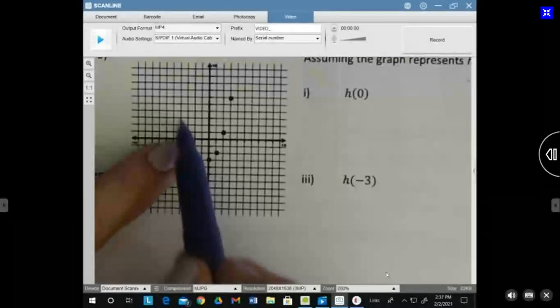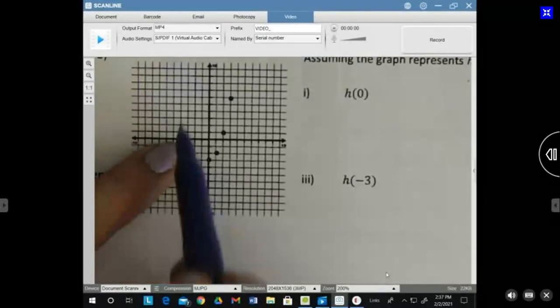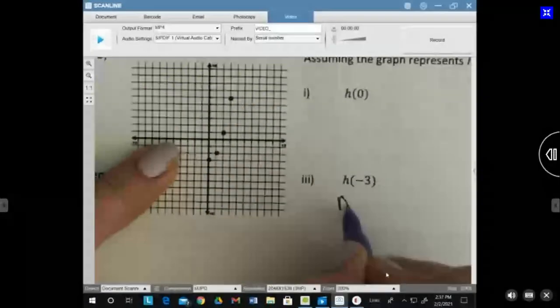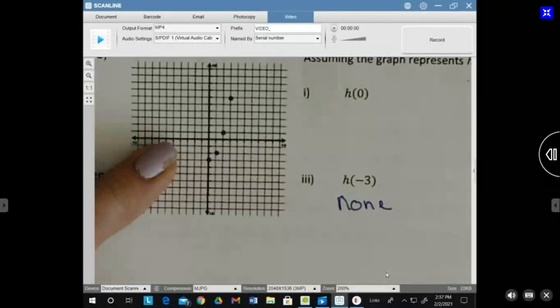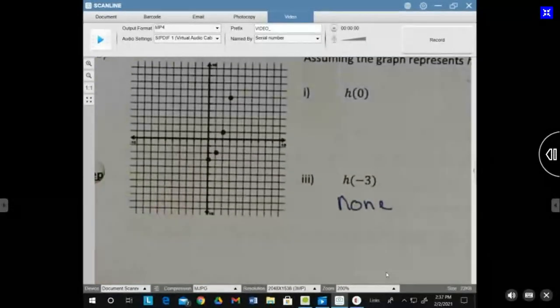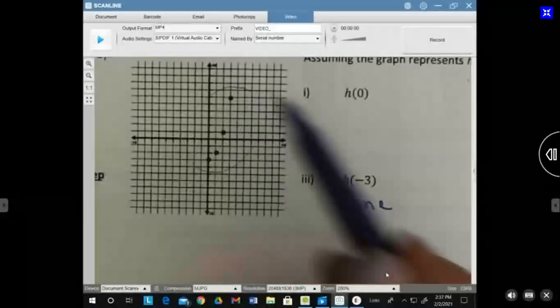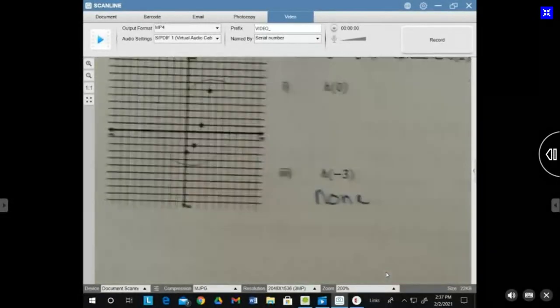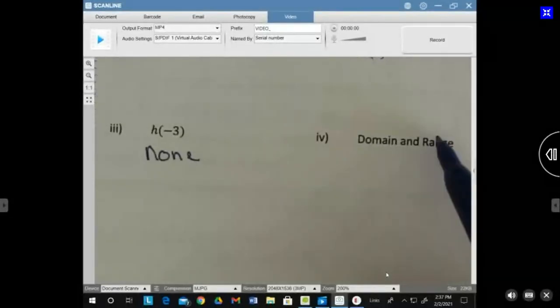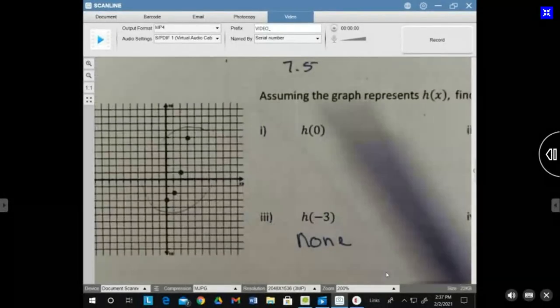And I have no points. So this answer right here is none. And don't forget to look at these coordinate points to answer your domain and range for that question, okay? When you've got to give me domain and range, you've got to look at these points.